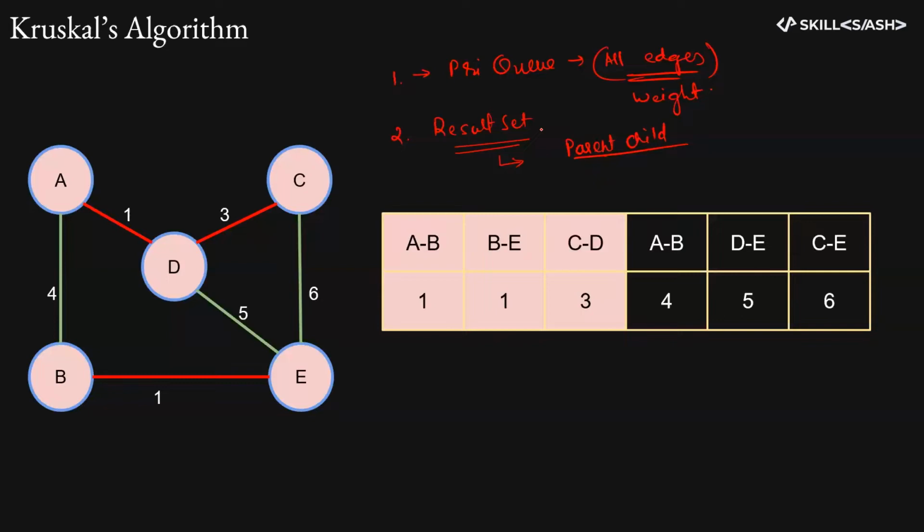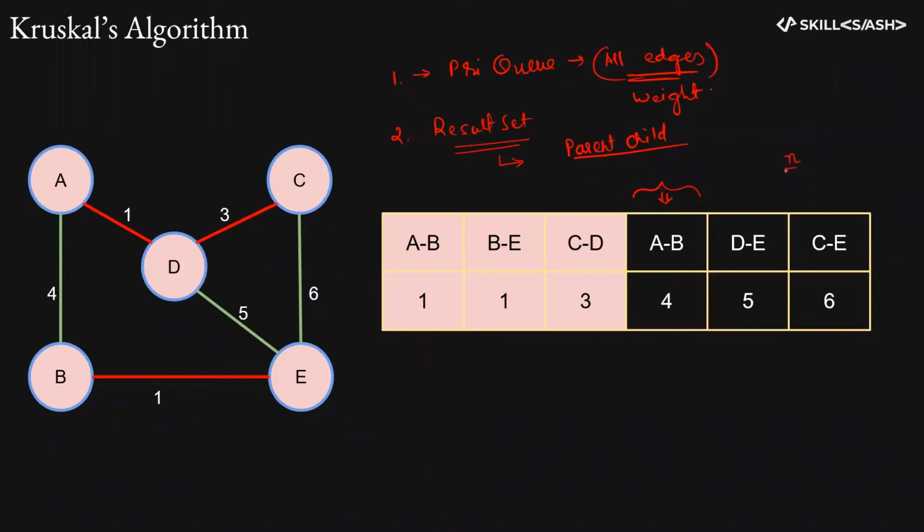Visited node, yes, that I have added for the logical part, so that I can explain in which way we should add edges, or why we are adding the last edge as well. But in code, it will not be needed. I'll explain why. We can have the logic based on the number of vertices.